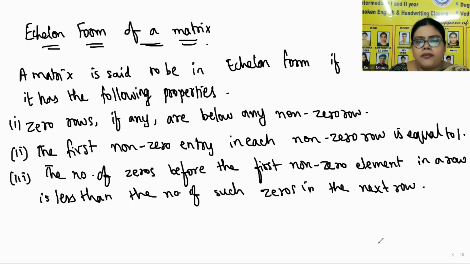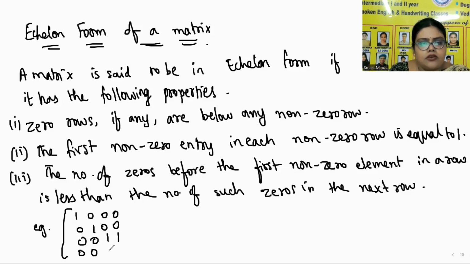So I will show you some examples here. 1 0 0 0, 0 1 0 0, 0 0 1 1, 0 0 0 0. The row where you have all zeros is called a zero row, and where you have at least one non-zero element, that is a non-zero row. Always remember, a zero row lies below the non-zero rows.